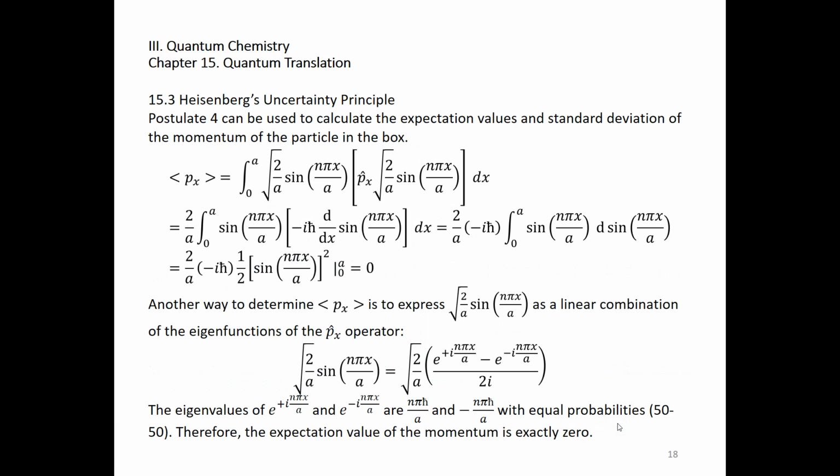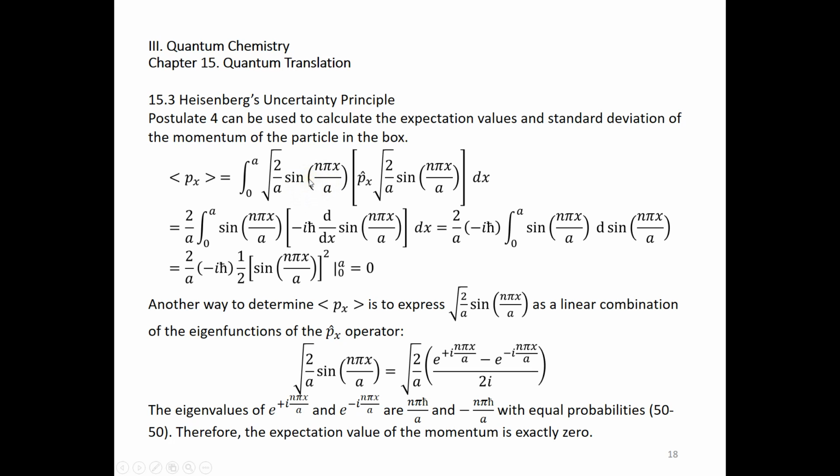Postulate 4 can also be used to calculate the expectation value and the standard deviation of the momentum of the particle in the box. So now let's look at the average momentum. We know it should be 0 because if we look at the wave function of the particle in the box, it's either sine n pi x over a or simply sine kx, where k is n pi over a.